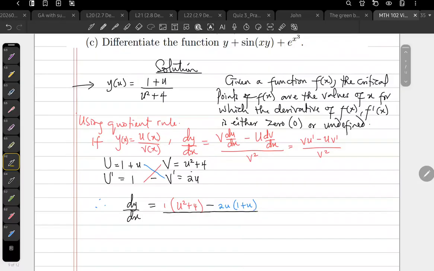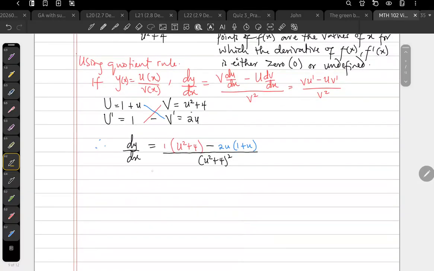everything over v squared, which is u squared plus 4 squared. If we simplify that, that gives us u squared plus 4 minus 2u minus 2u squared, divided by u squared plus 4 squared.